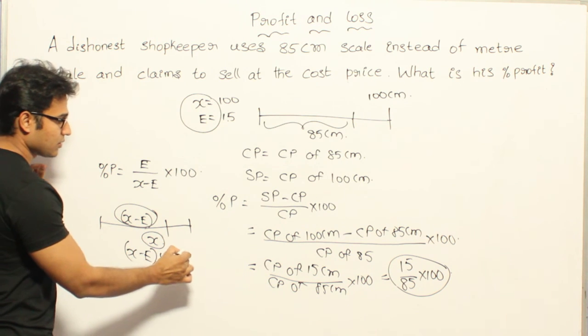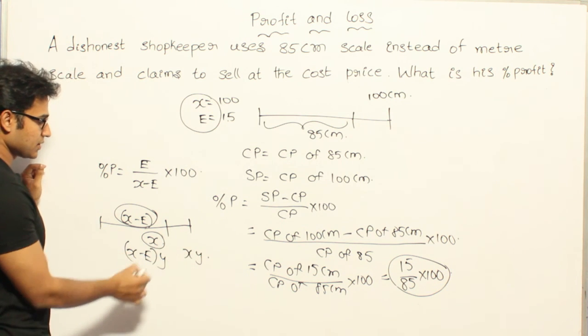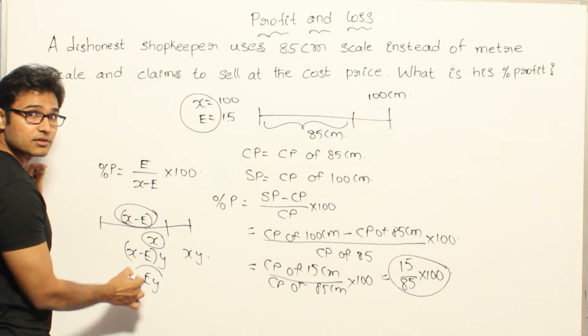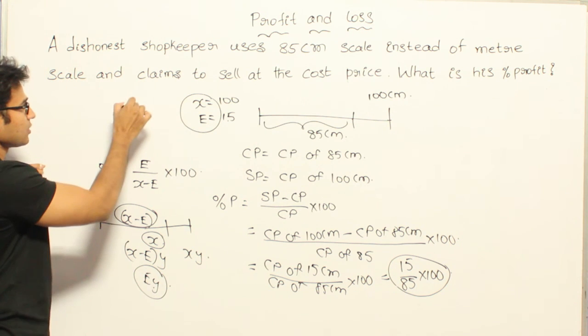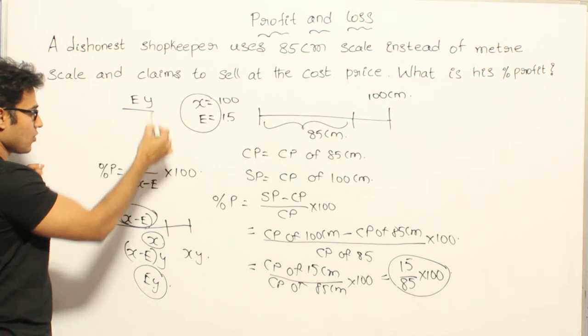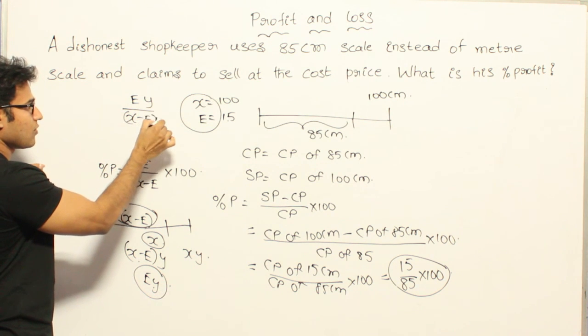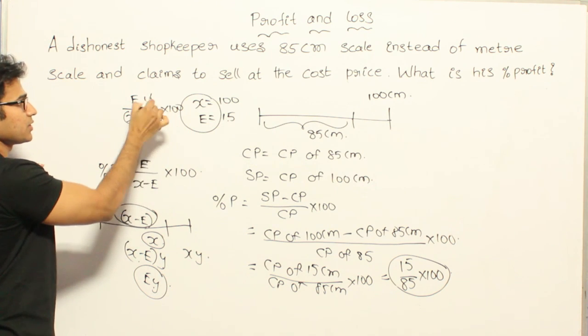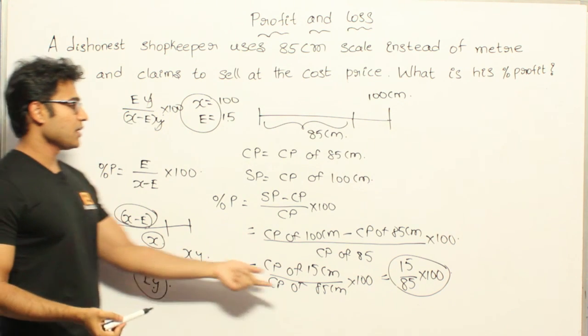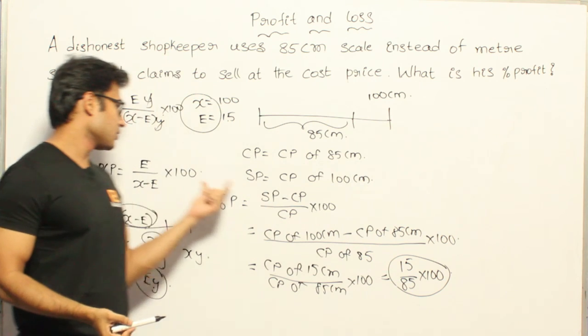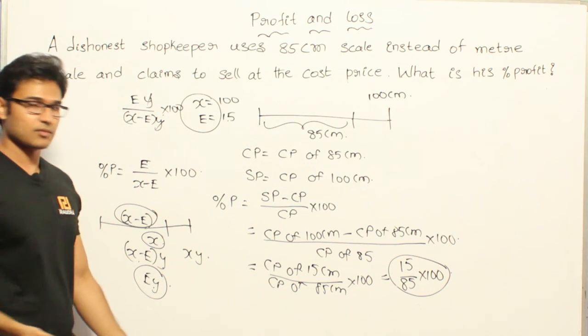He is claiming to sell X, so XY is his selling price. Therefore what is his profit? E into Y. Therefore the percentage profit is E into Y divided by (X minus E) into Y, into 100. So this is the profit. Got it? Either you can understand it like this or you can remember this formula. Anyway, this is the derivation.